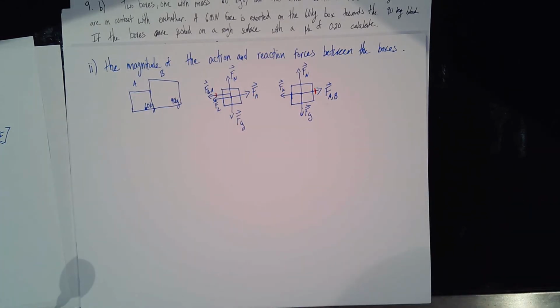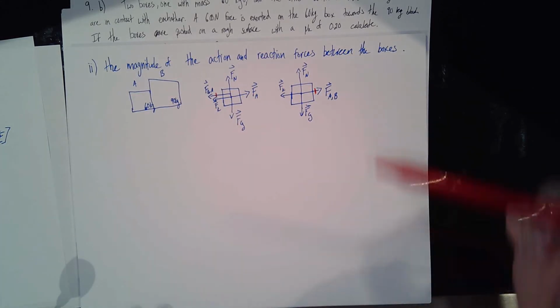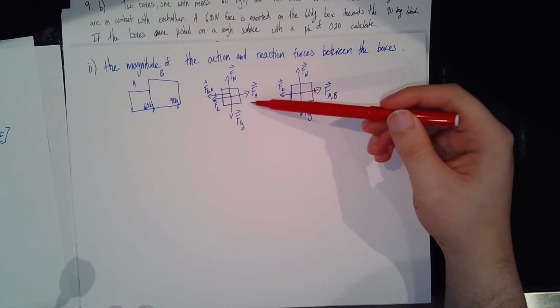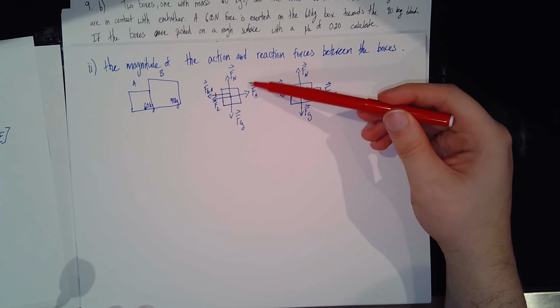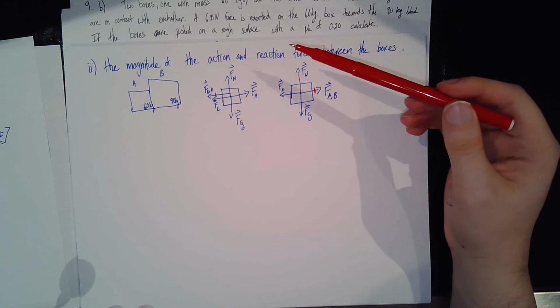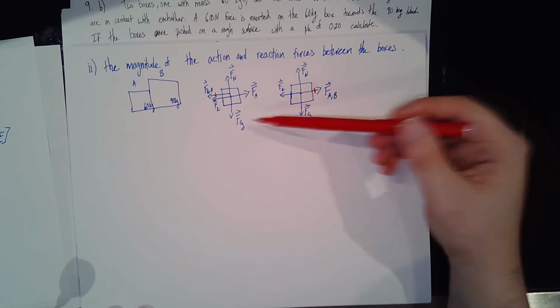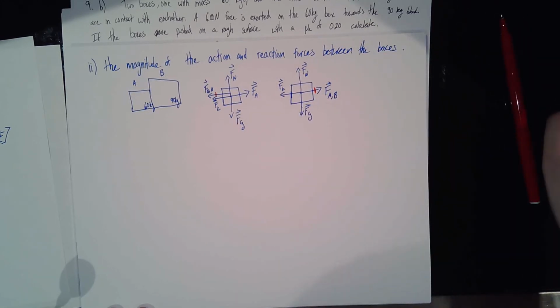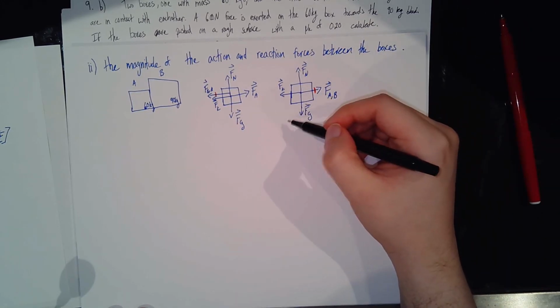And just quickly looking at these scenarios, it looks like it's going to be easier to solve on block B because we just have one less force, right? In this case, we have an applied force, but in principle, using either of these blocks will work. So let's start looking at block B.